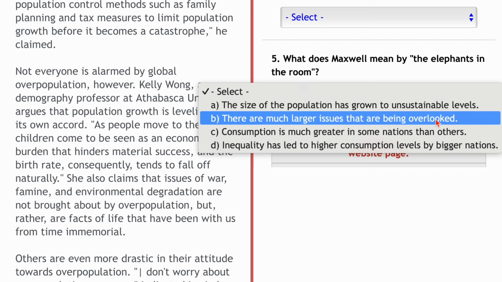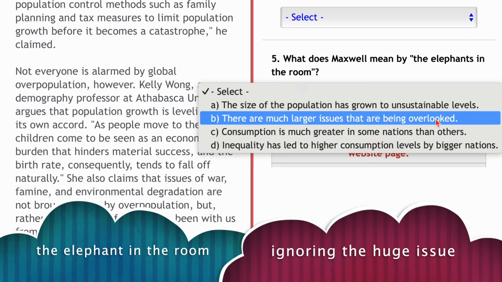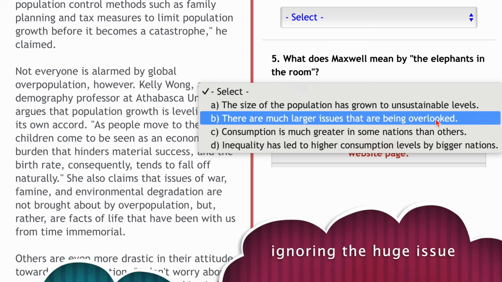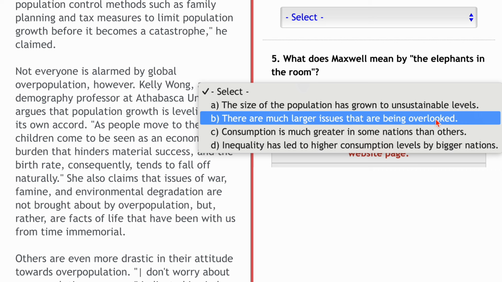We're in the room, having a meeting, discussing the issues. There's this huge issue in the room, but we don't see it, or we're not focusing on it. And that's what is meant by the elephants in the room. We are ignoring the real big issues. That's what this expression means.